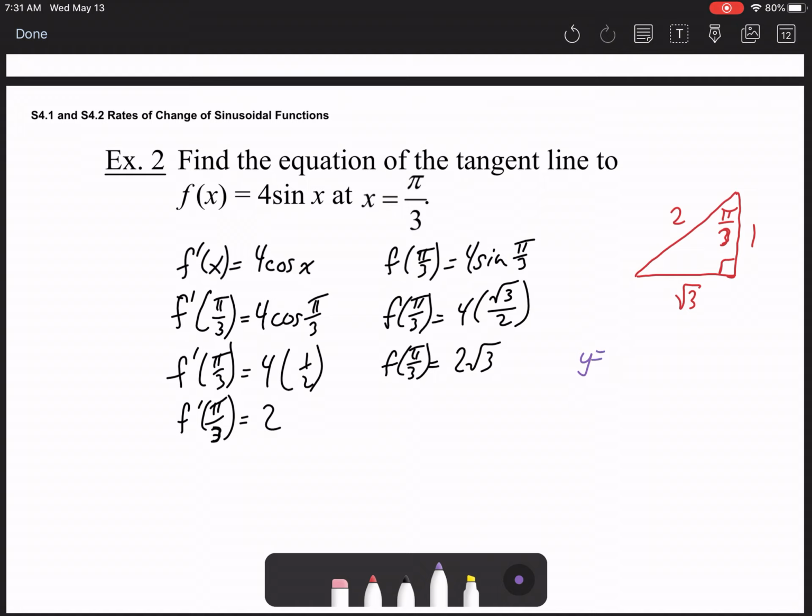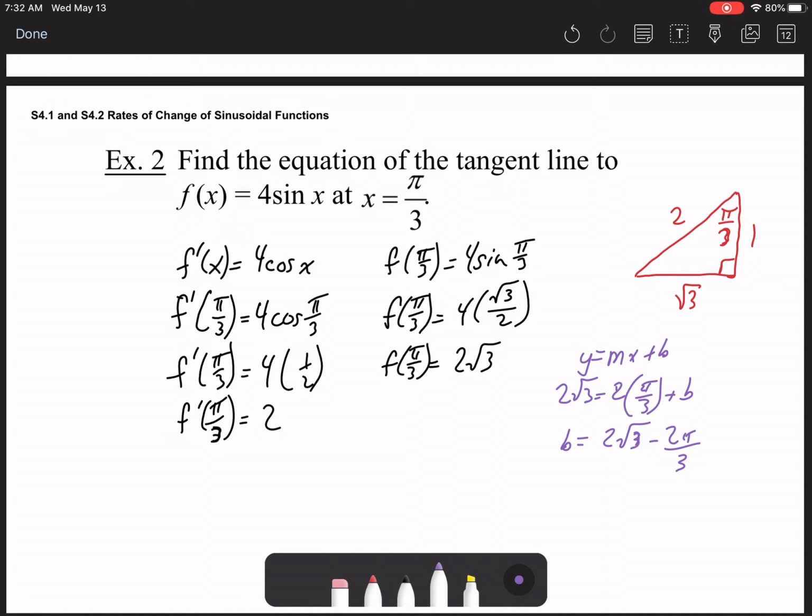Using y equals mx plus b, y in this case is 2 root 3, my slope is 2, my x value is pi over 3, and add b. So b is going to equal 2 root 3 minus 2 pi over 3.